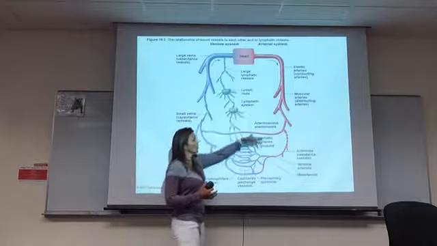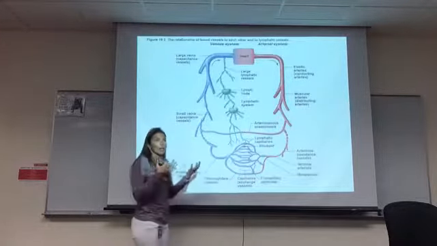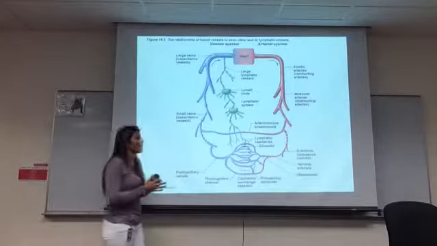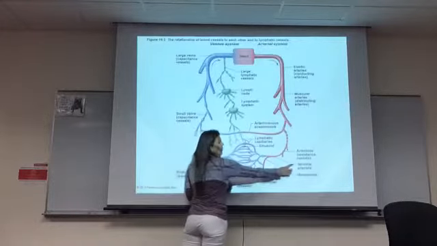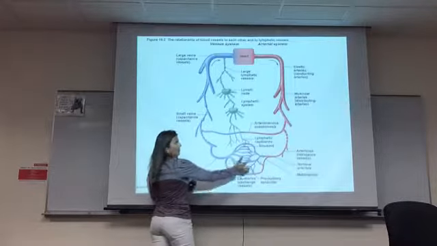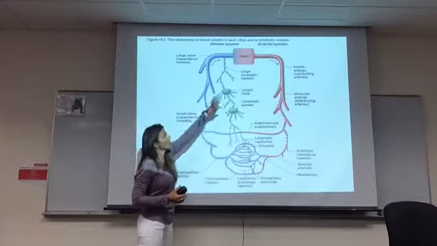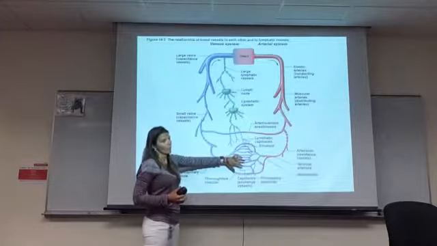You get a little bit further, and then we have what we call arterioles. Arterioles are very small arteries, and those arterioles will then branch into what we call the terminal arteriole, and then into our capillaries. We'll discuss that as we get a little bit further. So we go from large to small.